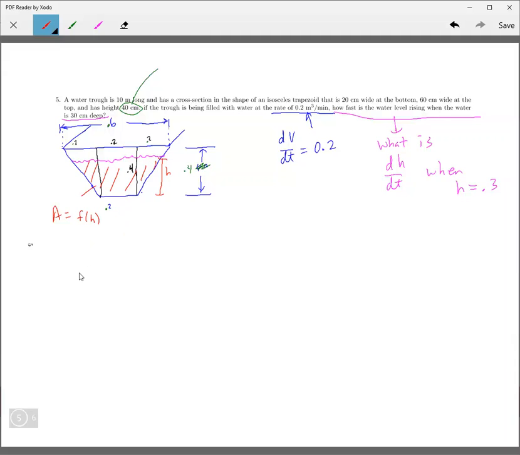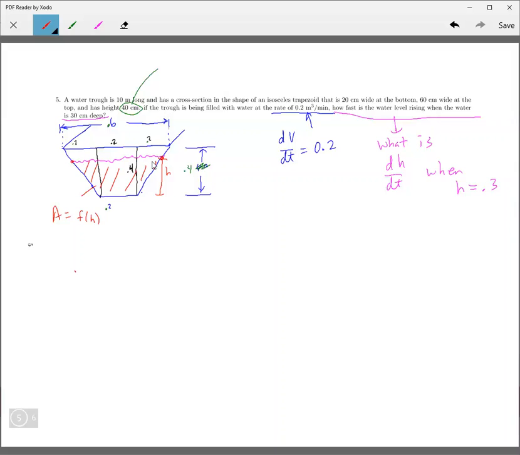So what we need to do is come up with how long this part is. As the height varies, what is this distance going to be in terms of the height?